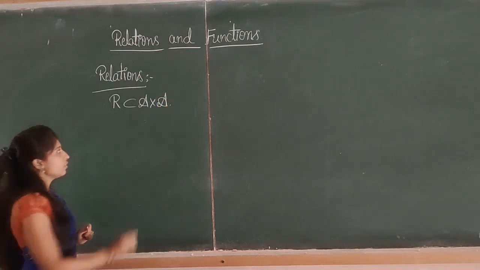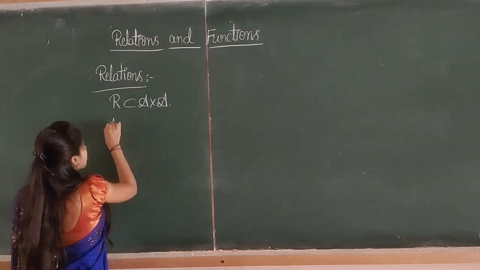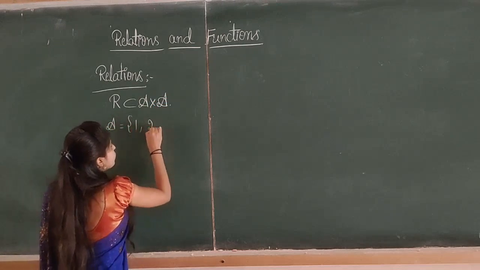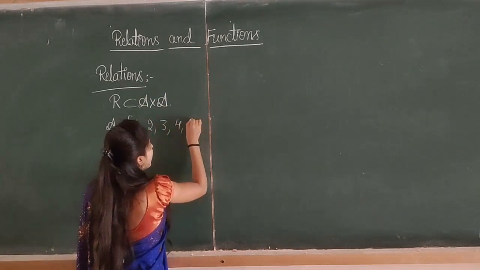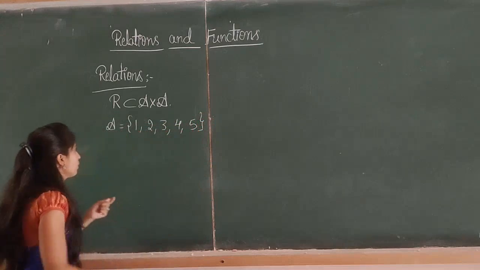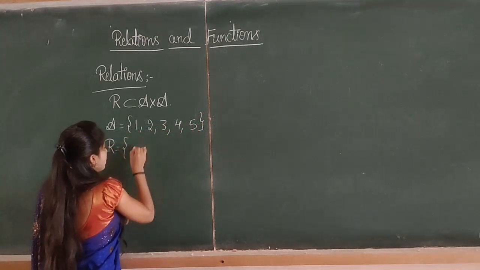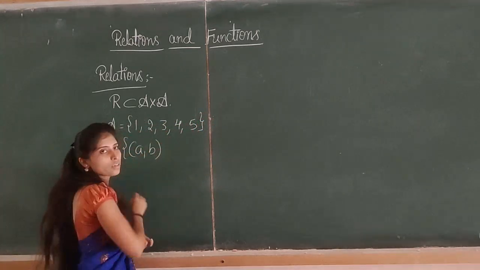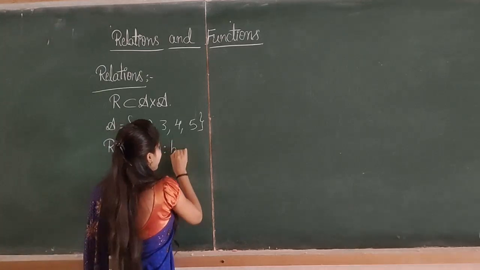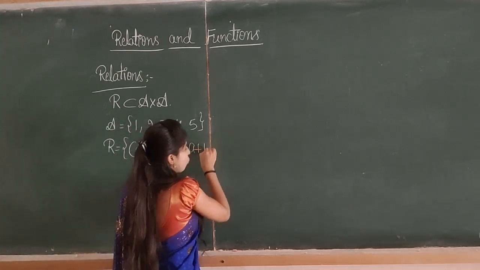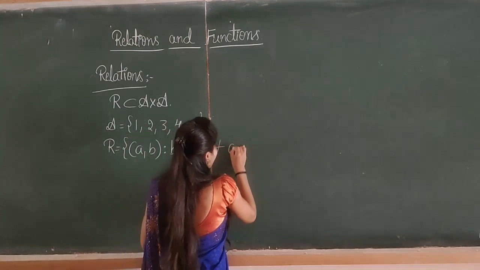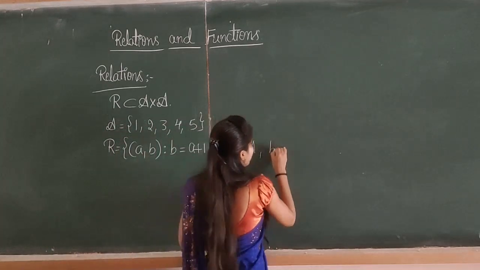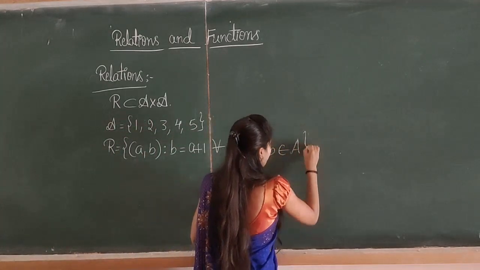For example, if I take set A is equal to 1, 2, 3, 4, 5, a relation set of all A comma B such that B is equal to A plus 1 for all A belongs to A, B belongs to A here.